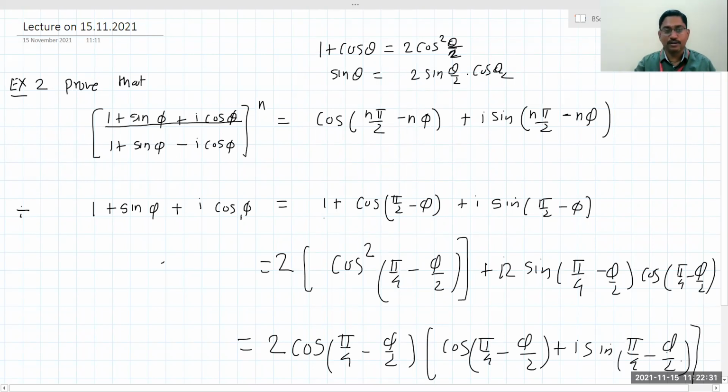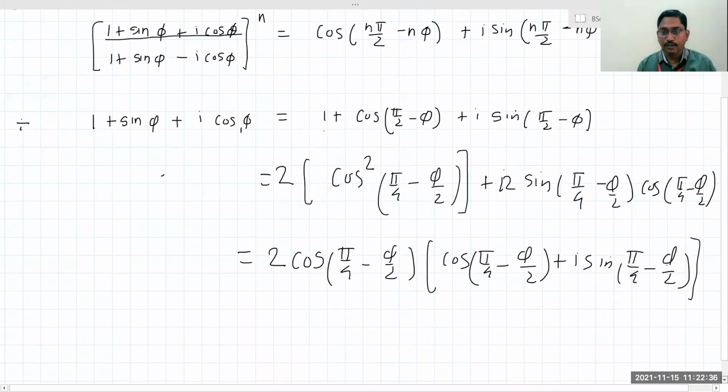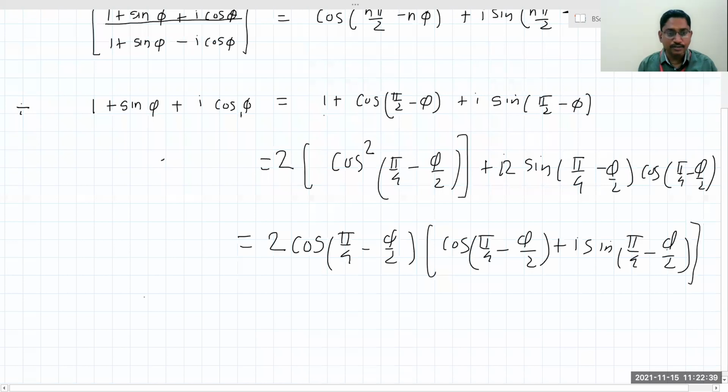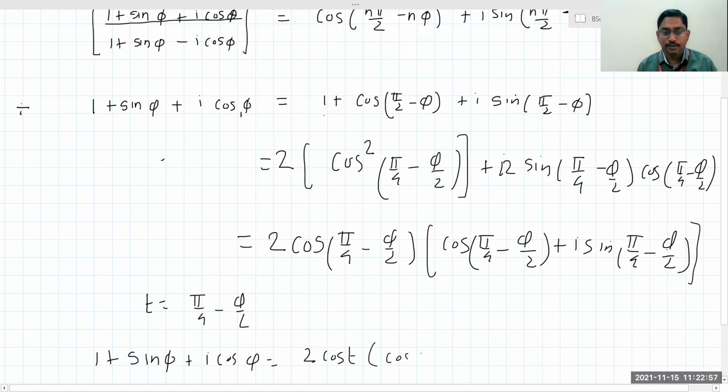So this term is the numerator. For simplicity, I can call t as pi by 4 minus phi upon 2. So the numerator, 1 plus sin phi plus i cos phi, is 2 cos t inside the bracket cos t plus i sin t, where t is pi by 4 minus phi upon 2.